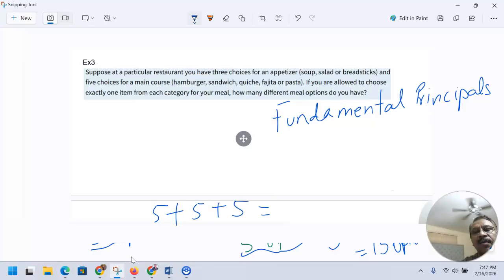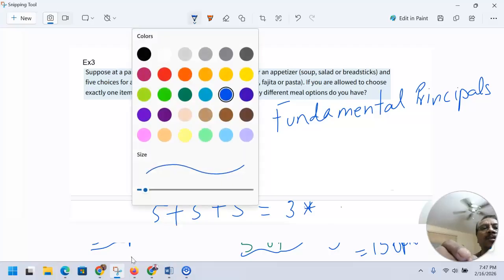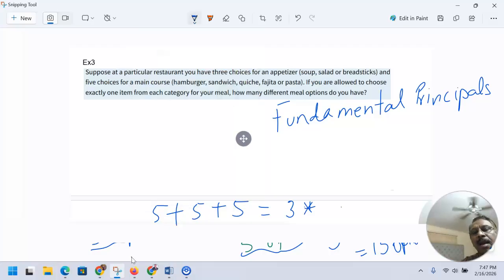There are three fives, right? So it is 3 times 5, and that is 15. There are three fives, 1, 2, and 3, so this is 3 times 5.